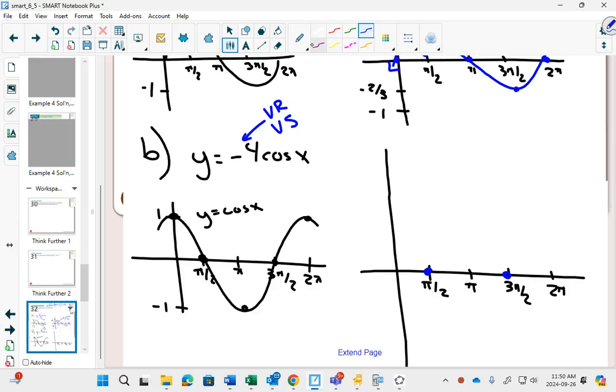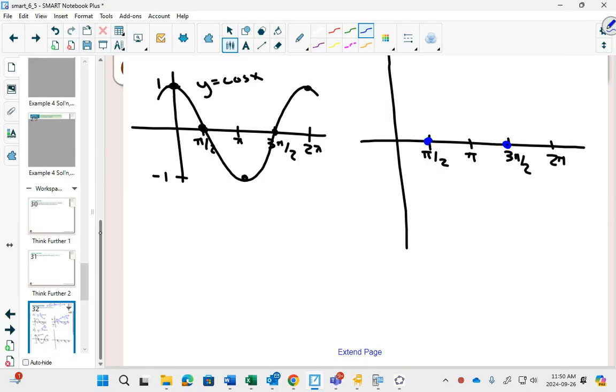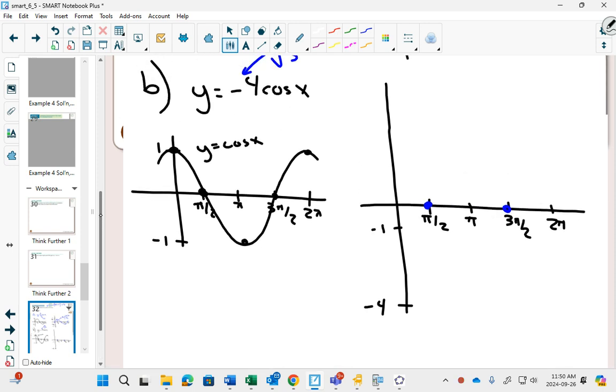But my maximum at 1 is now going to be a minimum at -4. And my minimum at -1 is now going to be a maximum at 4. So if I took this y value and I multiplied it by -4, it would go down to here. And this one would go up to here, and this one would go back down to here. And here is our final graph.